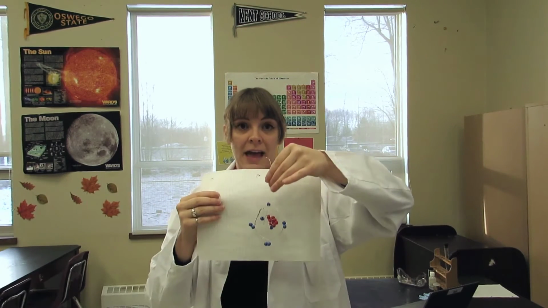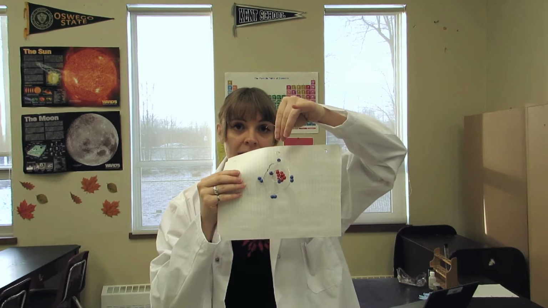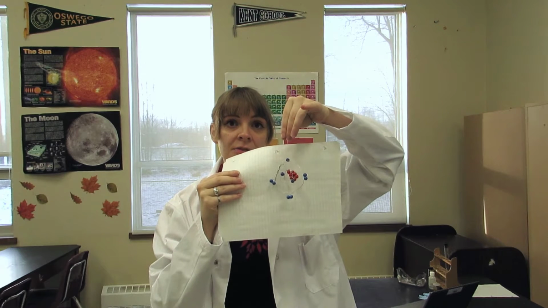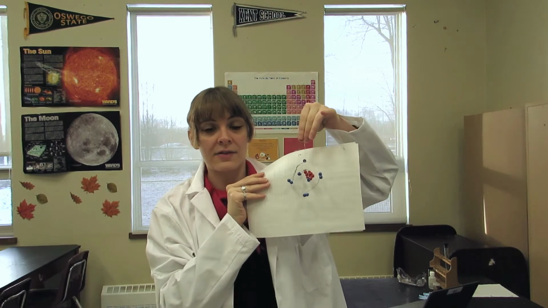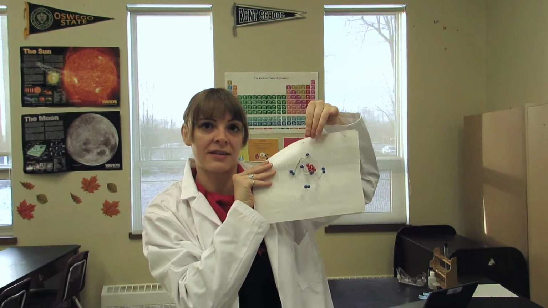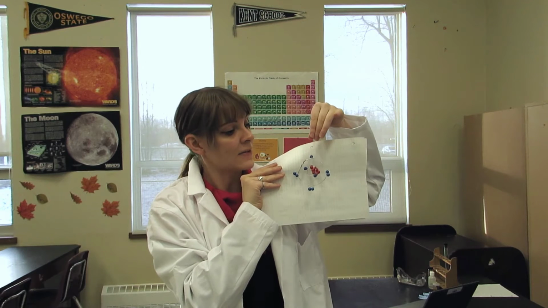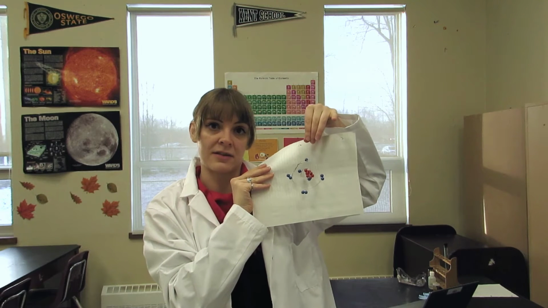Now, the periods actually dictate how many electron rings, or electron shells, there are in the atom. Let's take a closer look at what I mean by that. If we take a look at this model I have of an atom here, you'll notice there are 2 rings that surround the red nucleus. There's the inner ring that has 2 electrons attached to it, the blue ones, and then there's an outer ring that has 7 electrons.